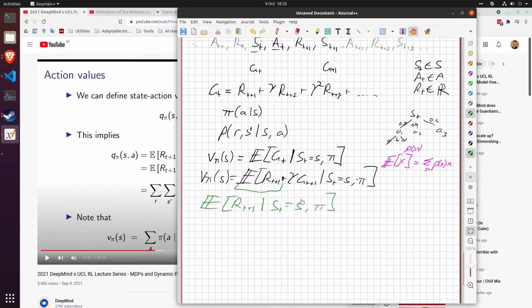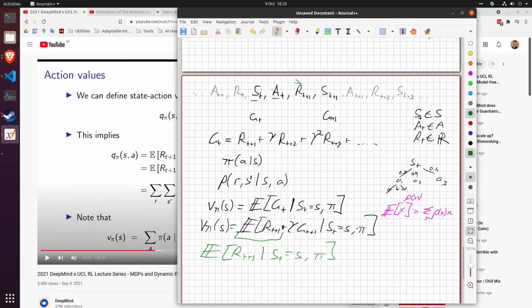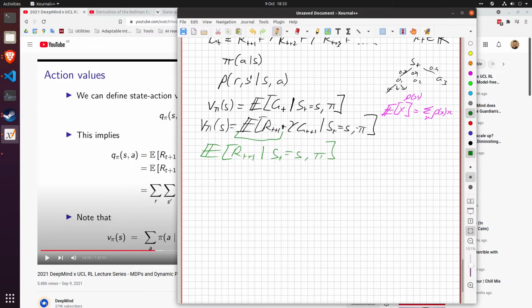And again, we go through the same logic. I want to know this, and I have to pin down the action so I can look at the sum over all possible actions. And then this is this p term here, the probability of that action given the state s.